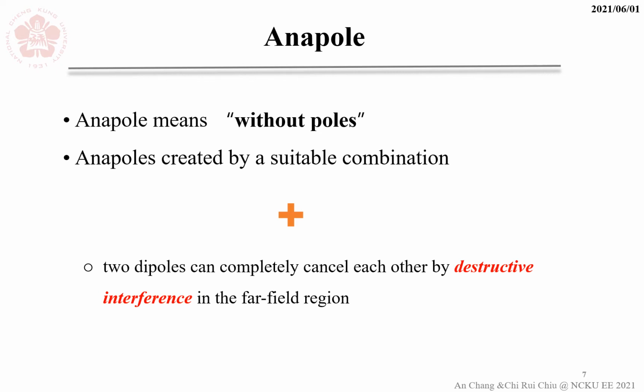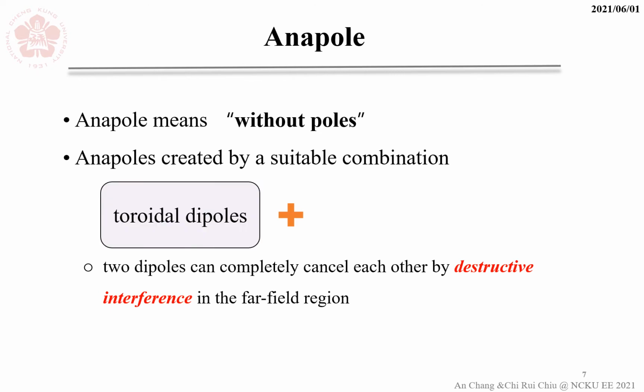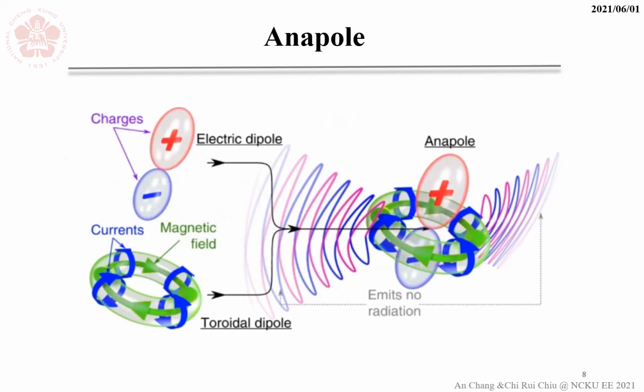The state could be created by a suitable combination of toroidal dipoles mixed with electric and magnetic multipoles. As you can see, this is a picture about an anapole. These two dipoles can completely cancel each other by destructive interference in the far-field region and create the standing wave.